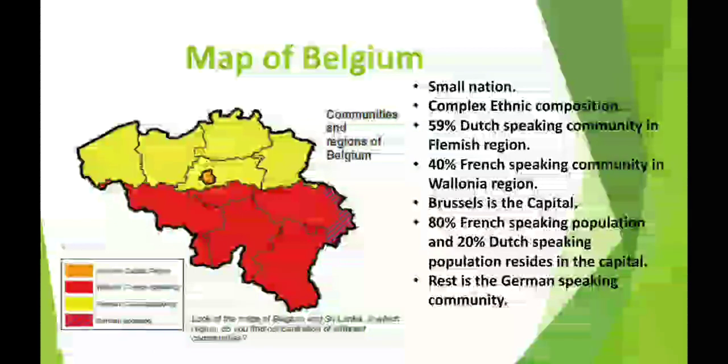This unequal distribution of their speaking communities throughout the nation created a conflict between the two communities. Though the French speaking community was a minority, it was a relatively rich and powerful community.